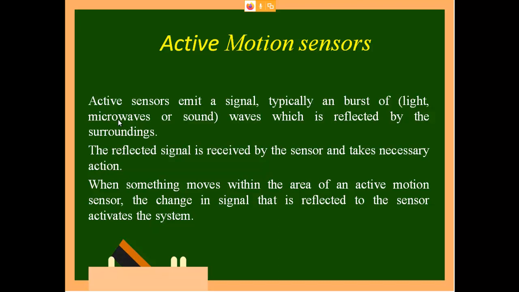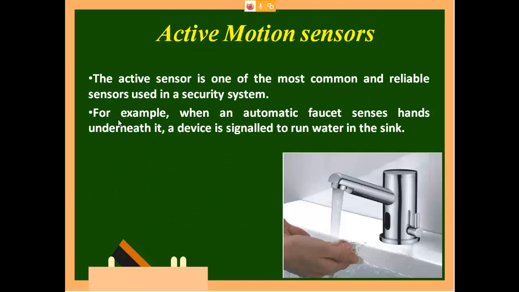The reflected signal is received by the sensor and it takes the necessary action. When something moves within the area of the active motion sensor, the change in the reflected signal activates the system. You might have seen an example in cinema theaters, where they use an active motion sensor for your taps.